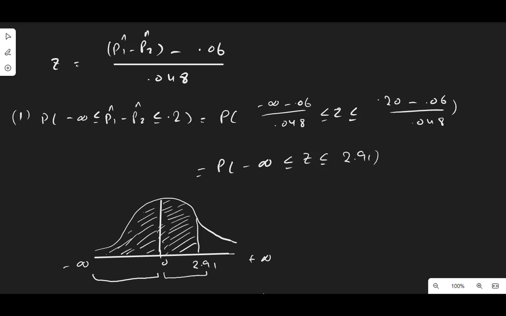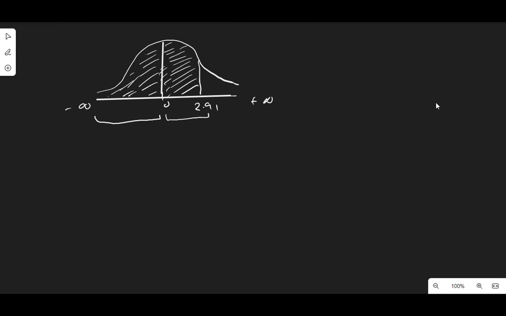If you add these two areas, this is equal to the probability that minus infinity is less than Z is less than 0, plus the probability that Z is between 0 and 2.91. The half area is equal to 0.5.